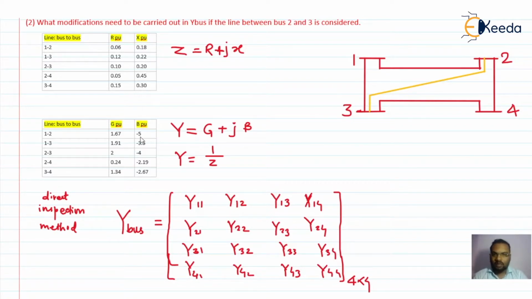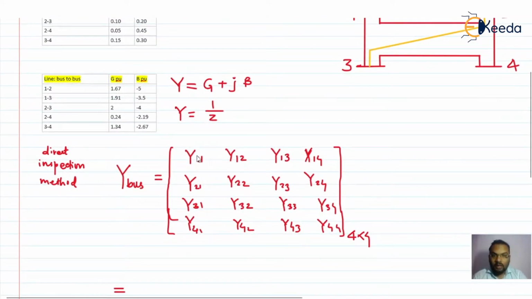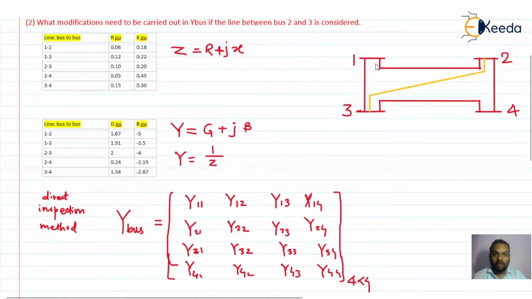So the first term I need to consider here is the admittance between bus 1 and 2. It is 1.67 minus j5. Here we take the summation. So I will add the admittance of the line between 1 and 3. For the line between 1 and 3, it is given as 1.91 minus j3.5.